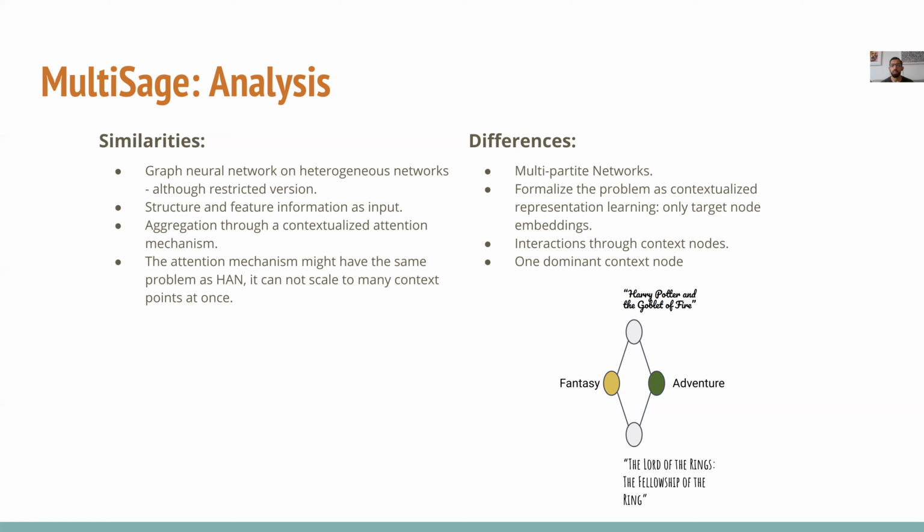In this slide, I do not actually talk about the evaluation. MultiSage is more of an industrial paper, so it's not very clear, and we cannot really get much insight from the results, but you can check the paper for this.